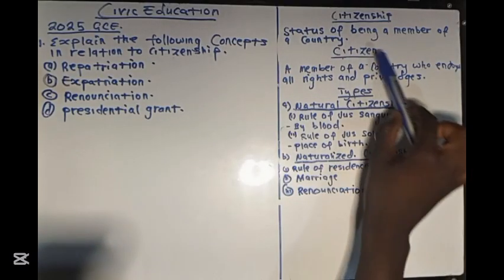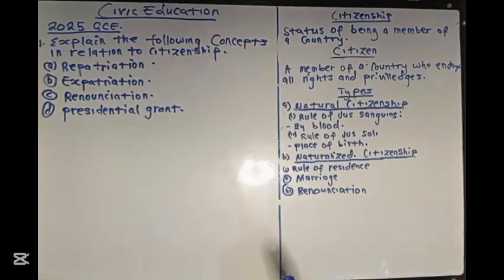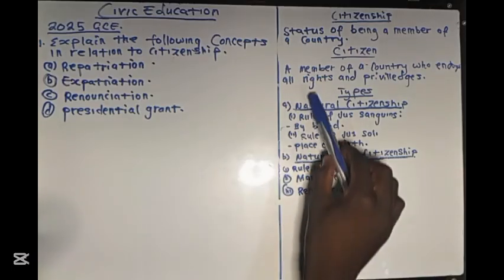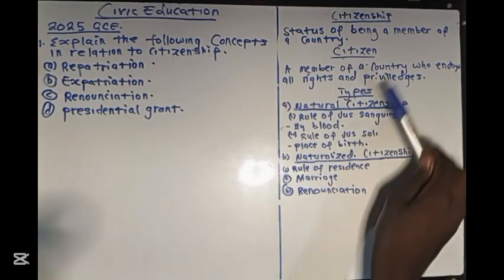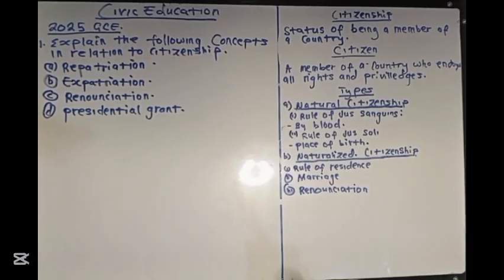And then we have a citizen. A citizen is a member of a country who enjoys all the rights and privileges. So if you belong to a country and you are able to vote, and you can be involved in the country's activities, it means you are a citizen, because you are enjoying the rights and privileges that a country has to offer.